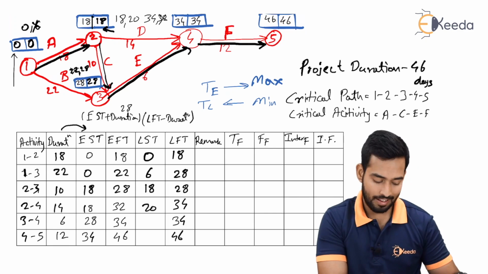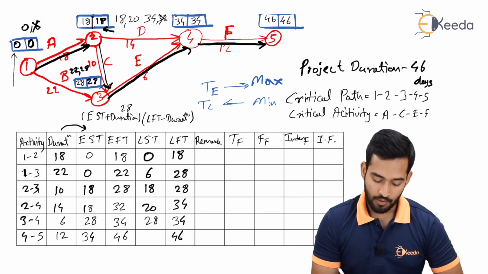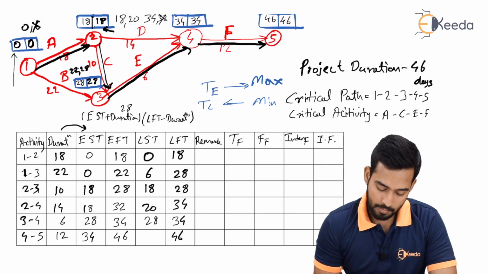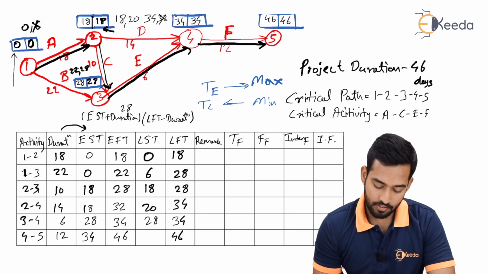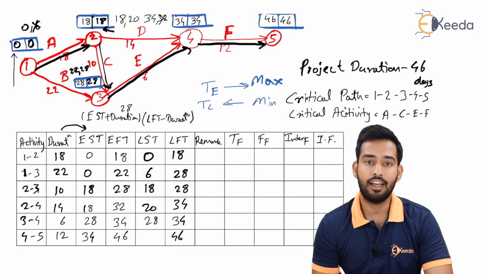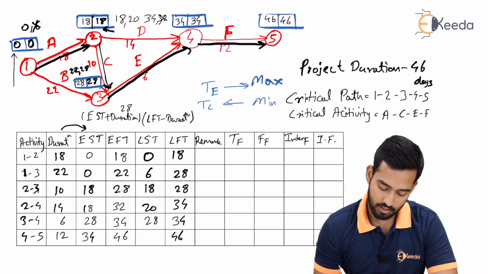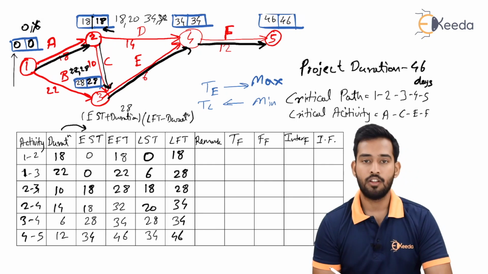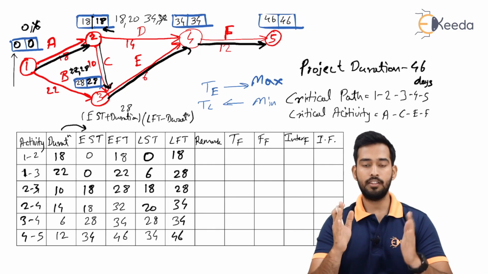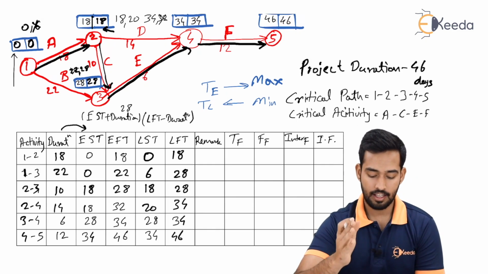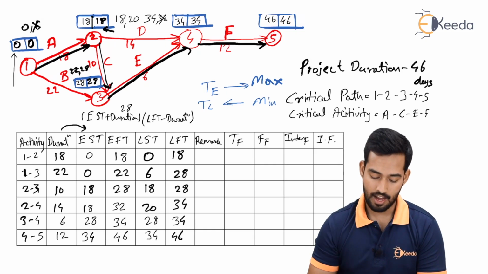Now 28 minus 18 will give us 18. 34 minus 18 will give us 20. And 34 minus 6 will give us 28. Now last is 46 minus 12, which will give us 34. So we have calculated 4 timings, that is your EST, EFT, LST and LFT.